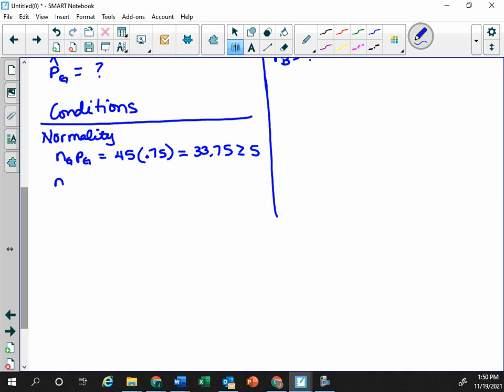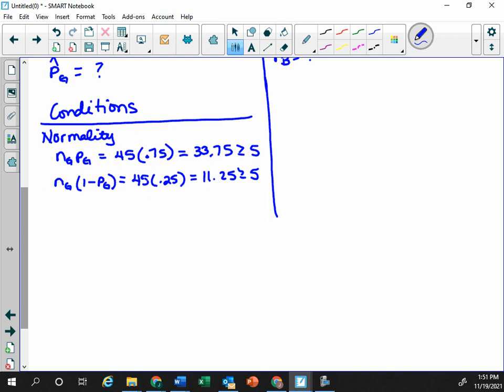And then we also have to show N sub G times 1 minus P sub G. So that's 45 times 0.25, and that is 11.25. Also greater than or equal to 5.